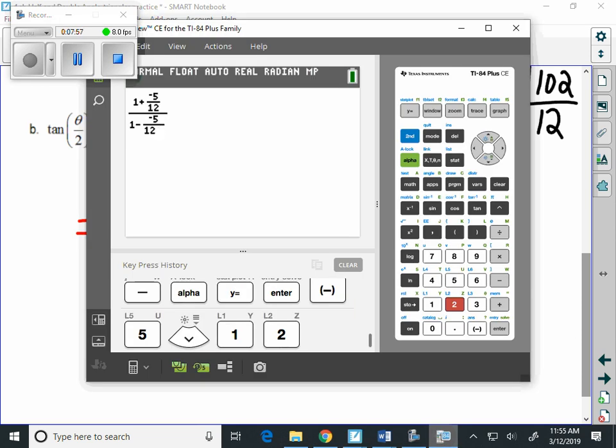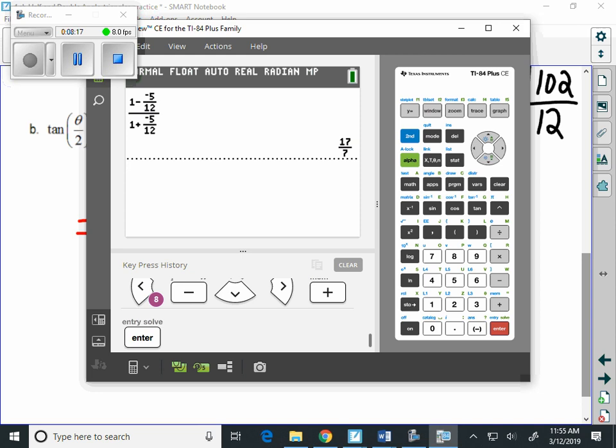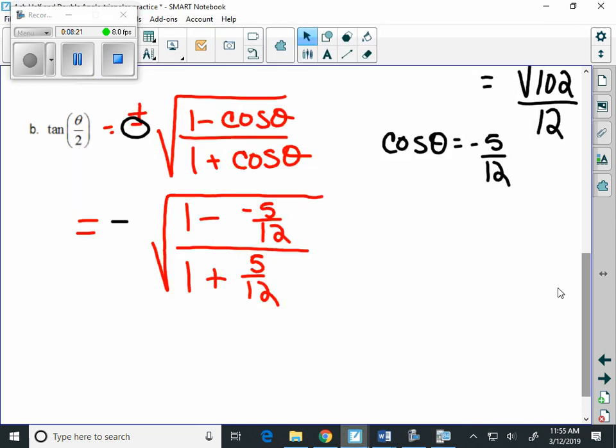But I can fix it before I press enter, because it's going to be 1 minus, and then down here it's going to be 1 plus, and I'm going to look one last time to make sure. There we go. Press enter. We come up with 17 sevenths. So there, 17 sevenths.